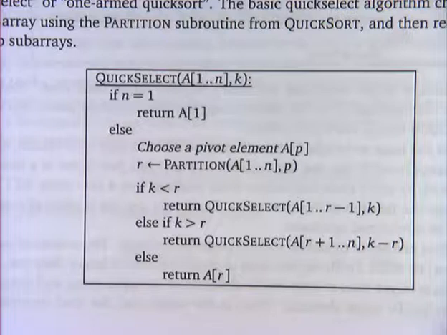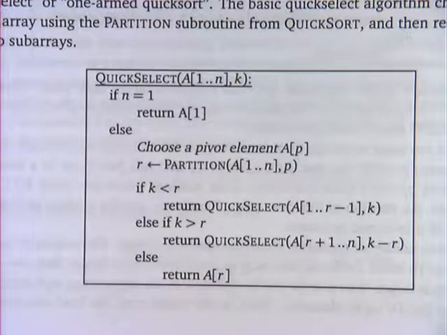Doesn't matter, it's something. So I partition the array, and the partition subroutine returns the rank after I partition. It returns where the pivot element should go in sorted order. So if it ends up at R, what that means is that there are exactly R minus 1 things smaller than the pivot itself, and n minus R things larger than the pivot.